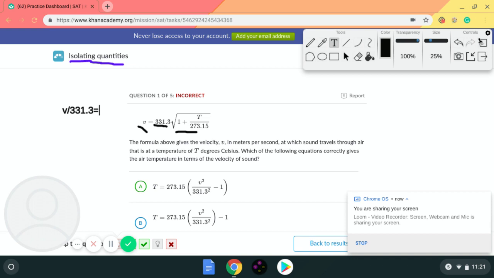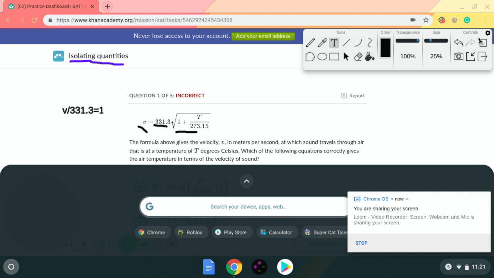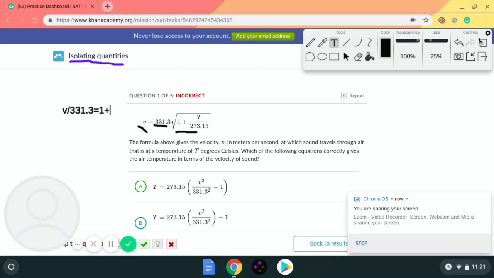Okay, we'll just have to draw the radical afterward. Oops, wrong button. Alright, and so that's the first part of the problem out of the way.